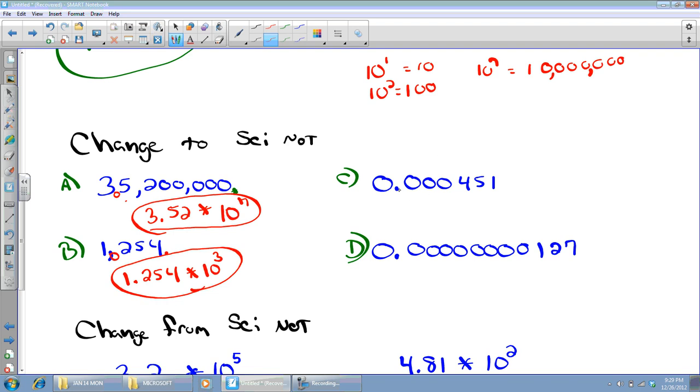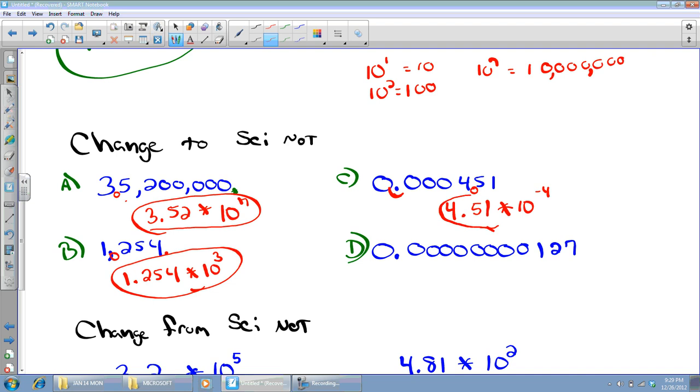Now this one, here's the decimal point right now, but I want it to be there. I want my decimal to look like 4.51 times 10 to a power. But here I'm actually multiplying this decimal to get it to be larger. So I'm going to multiply by 1, 2, 3, 4, but I use the negative fourth because to go backwards I want to divide.